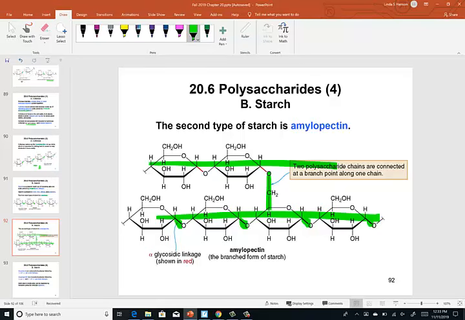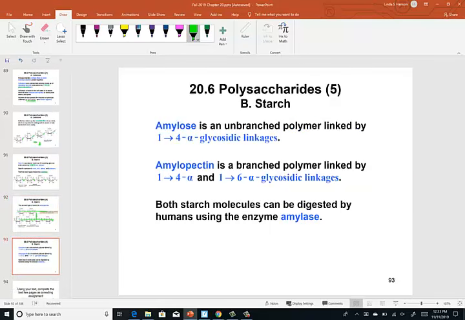So one carbon can reach up and form an oxygen linkage, so it's definitely a more complex molecule. Amylose contains 1,4 alpha glycosidic linkages, while amylopectin also contains 1,6 alpha glycosidic linkages, creating a more complex chain where more connections create branched molecules. Both of these starches are digested through the enzyme called amylase.